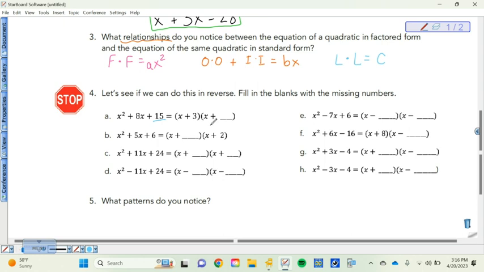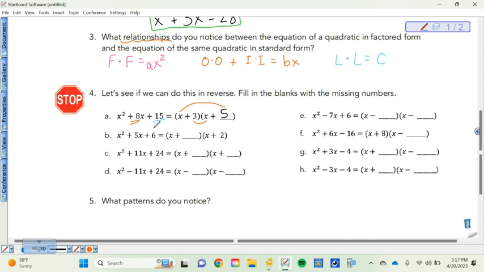So now I just think to myself, 3 times what would give me 15? 5, exactly. And then I also want to make sure that my outers and my inners are going to get me to this middle number. So what's 5x plus 3x?